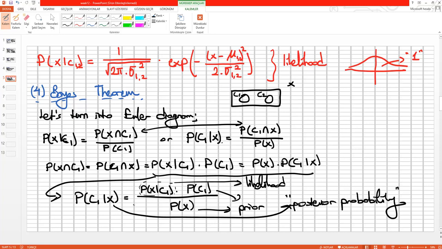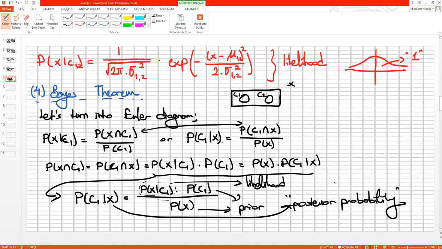If we have any distribution for a given x and c1, we can build the likelihood function like this one, and then with this likelihood function for a new data, we can find the posterior probability or the happening rate of the new x data, which is given in the c1 class.